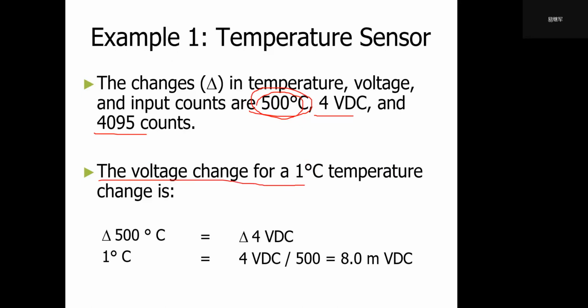The voltage change for 1 centigrade temperature change: the delta of 500 degrees corresponds to 4 V, so 1 centigrade is 4 divided by 500. So for 1 centigrade, the voltage is 8 millivolts.